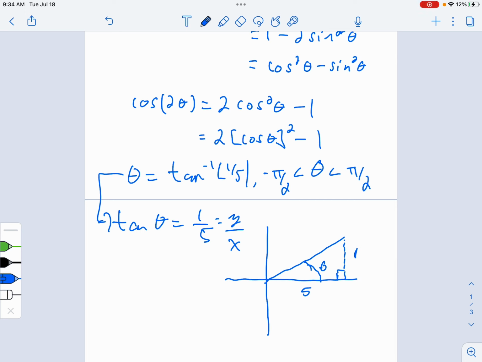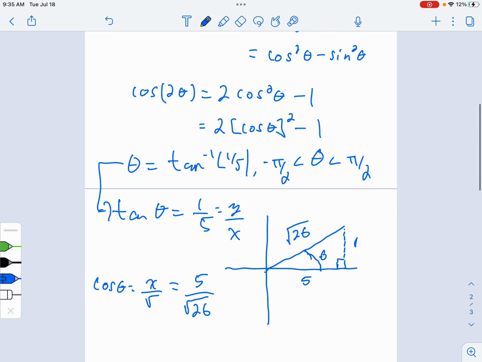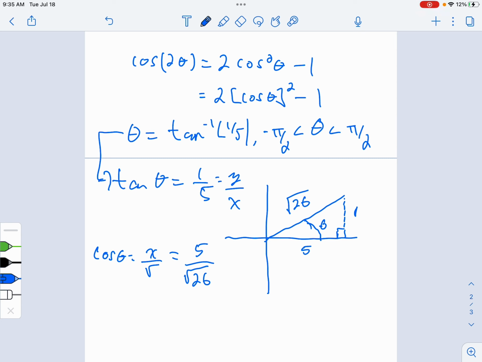And if I want to find cosine of theta, cosine theta equals x over r. So what I'm missing is r. By the Pythagorean theorem, and I'll let you take care of this, r would be root 26. So cosine theta equals 5 over root 26. And I don't know if Professor Delon wants you to rationalize or not. I'm just going to leave it like this.